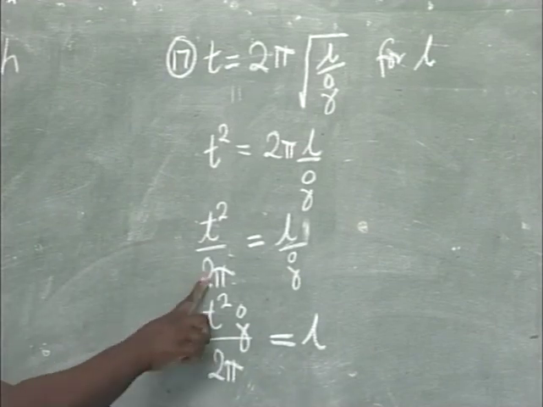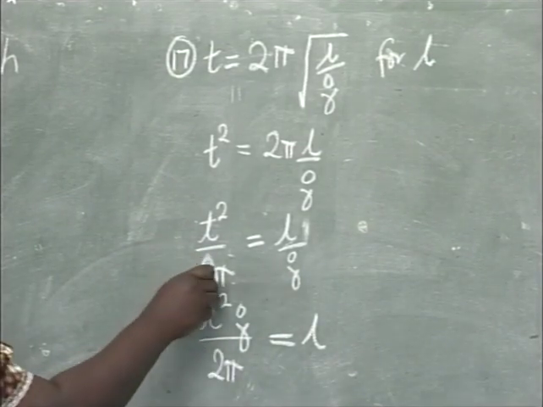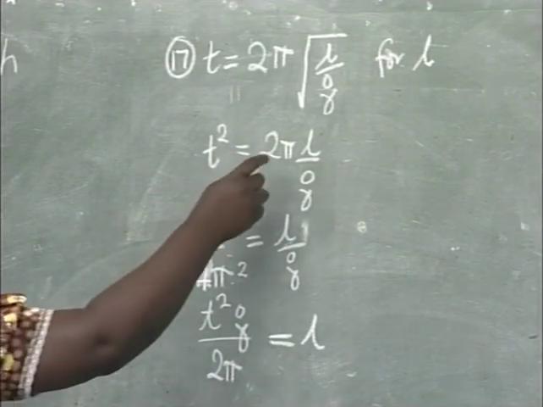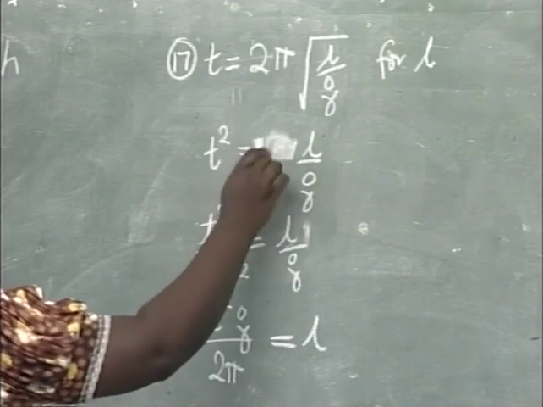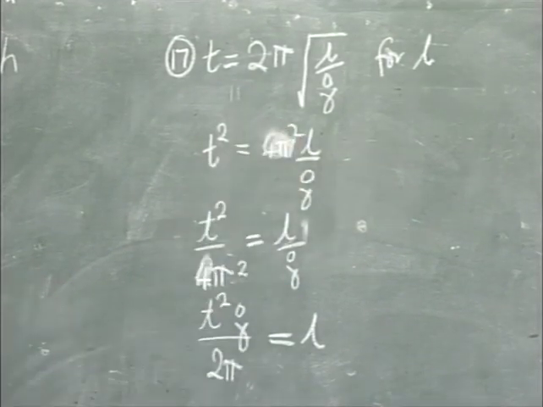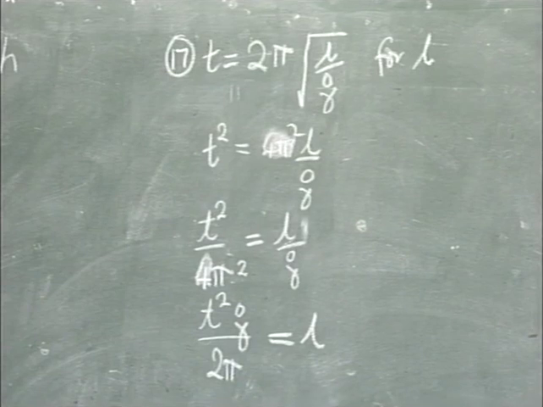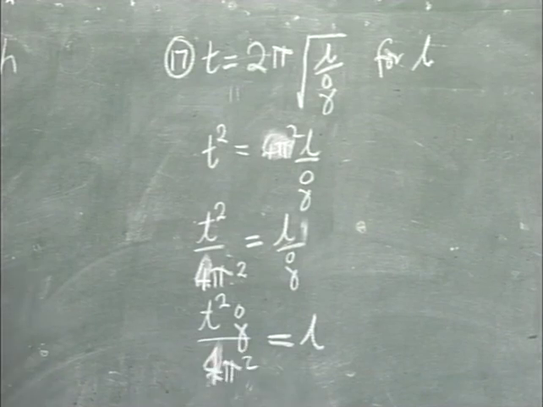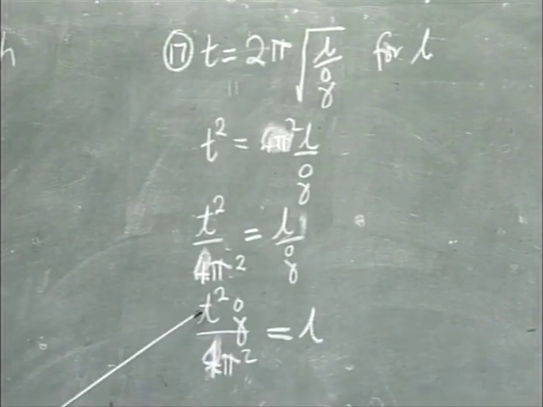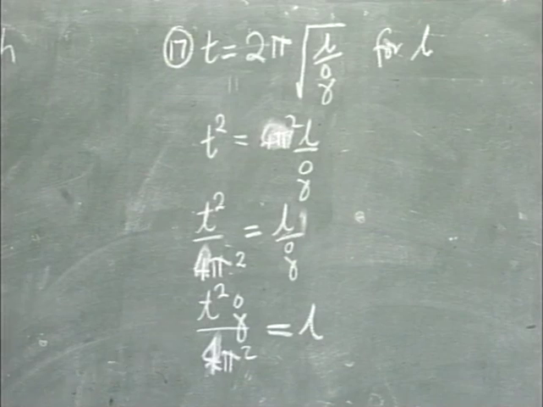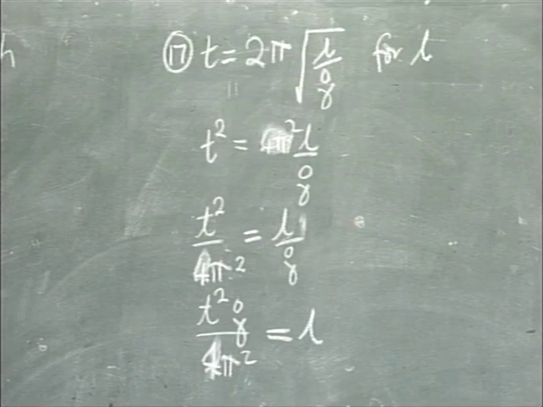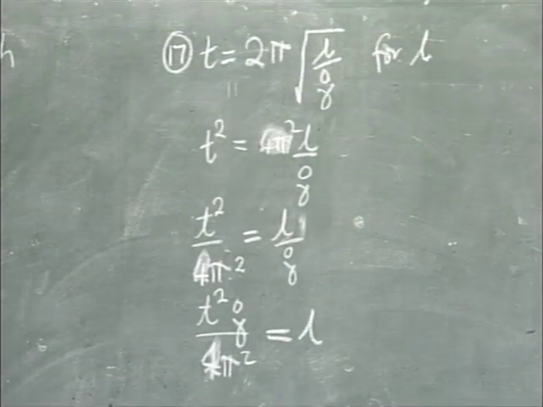So this one should be 4 pi squared, and this one should also be 4 pi squared, because pi is also squared. So the answer should be L equals t squared g over 4 pi squared. All right, next, the next two people come and do 18 and 20.